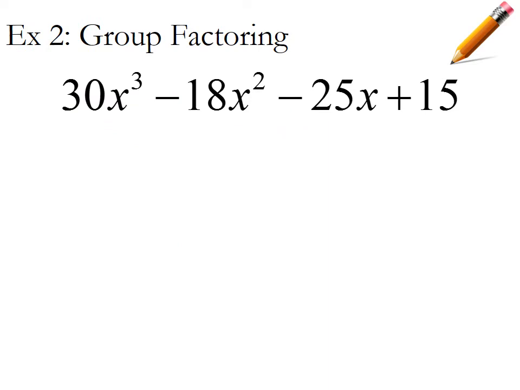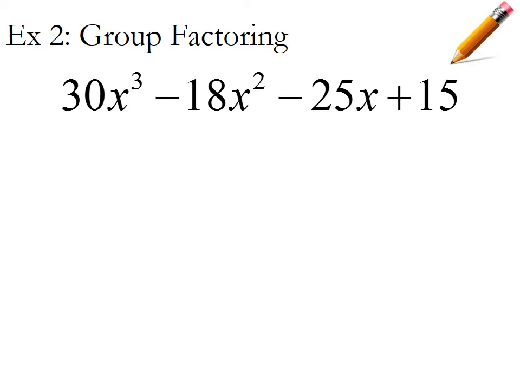All right, for example 2, take a second to jot this question down. We're going to revisit group factoring. Remember when you have 4 terms in this sort of standard form for a polynomial, you first always want to check for GCF.